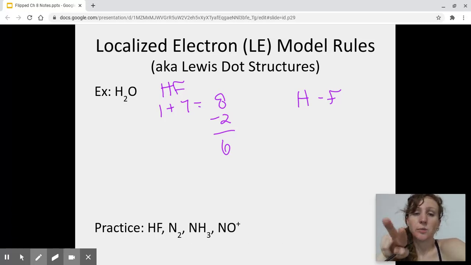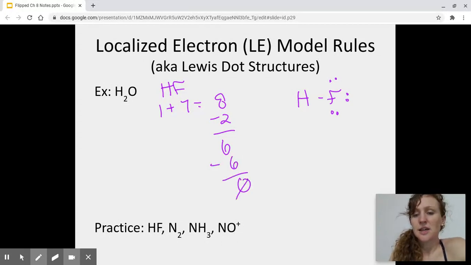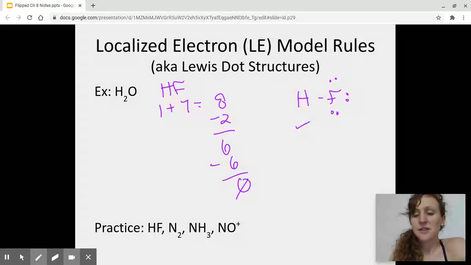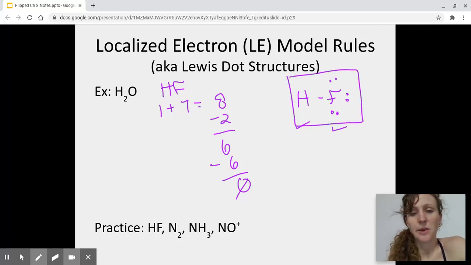Fluorine, those 2 in the bond, also count for fluorine. Fluorine only has 2, it needs 8, so I'm going to distribute my remaining electrons in pairs. 1, 2, 3, 4, 5, 6. And now I have no electrons. Hydrogen has a full outer electron shell. Fluorine has an octet. And they're happy. That's my Lewis dot diagram.